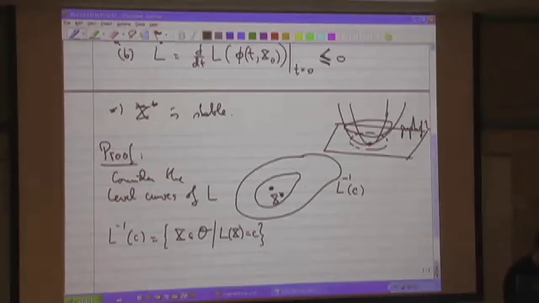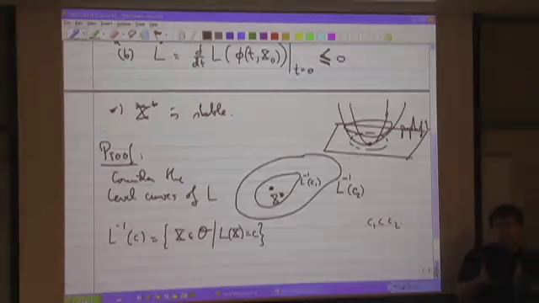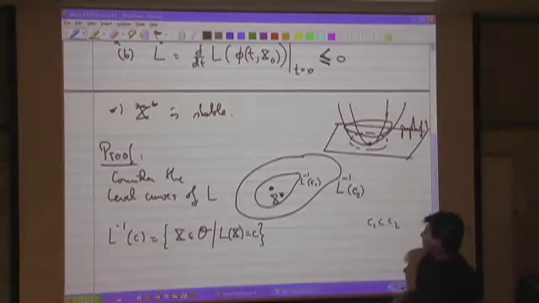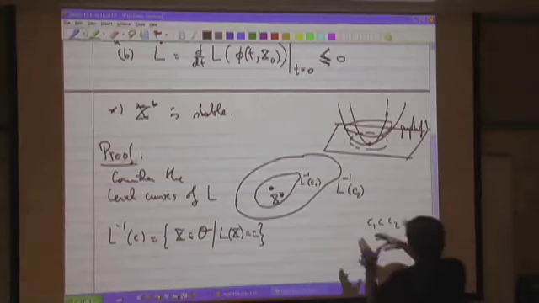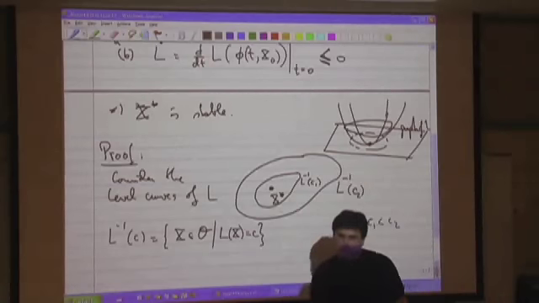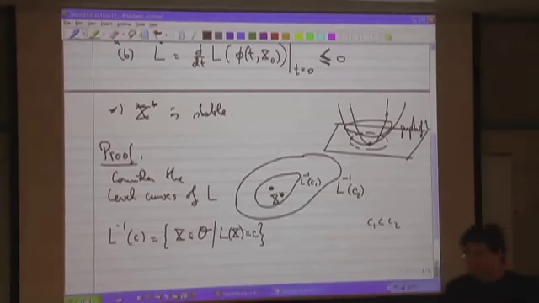contained in that region. So it's going to be L inverse, that's just notation, of, let's say, C1 and C2. So C1 less than C2 means the level curve corresponding to C1 is enclosed by the level curve corresponding to C2.